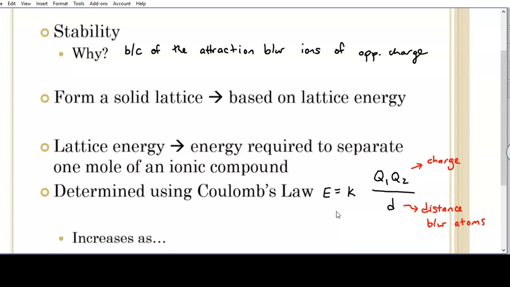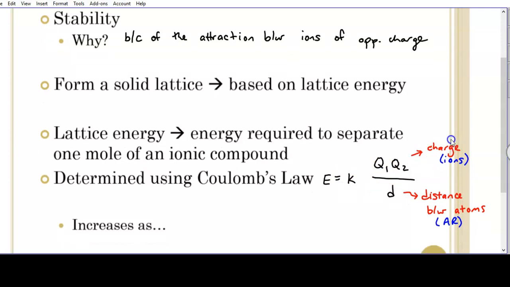Charge is whatever the ion's charge is, and the distance between the atoms is basically the atomic radius. We're not actually going to calculate lattice energy. We're just going to talk about how to determine when something has a greater or lower lattice energy.